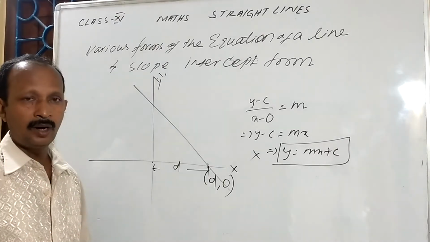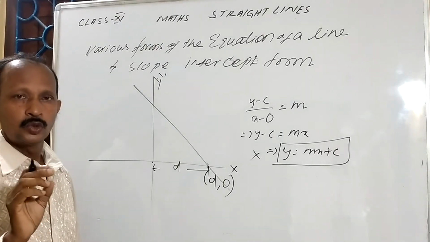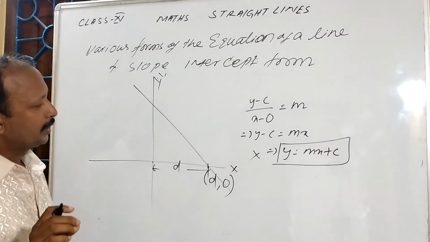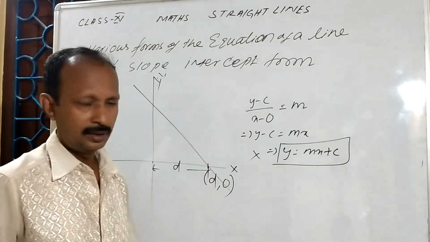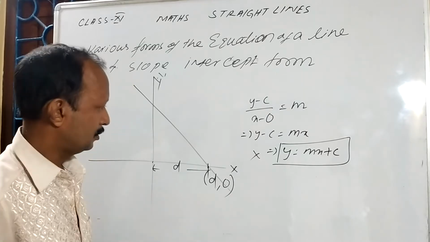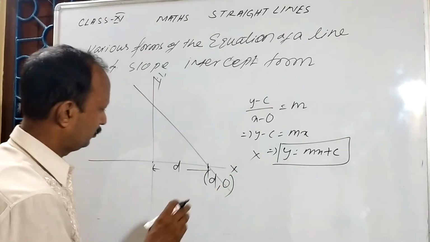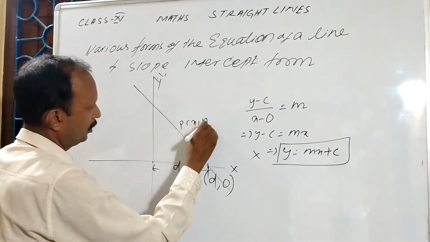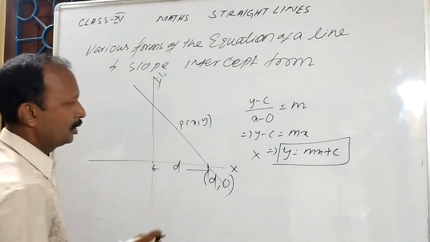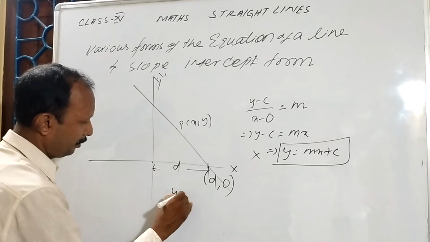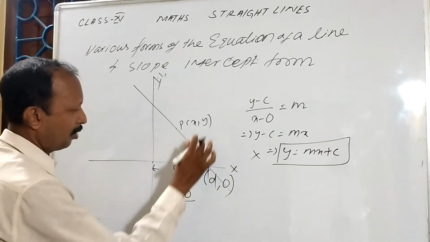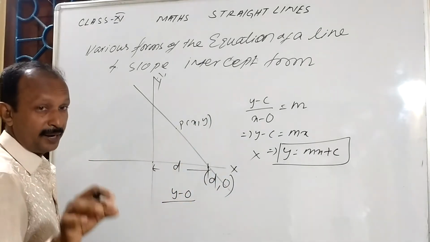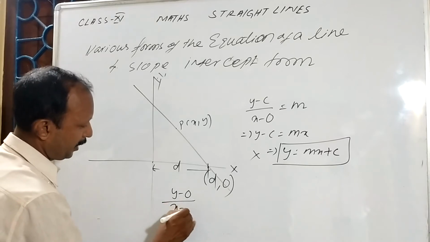Then what will be the slope intercept form? In this case, I can write that. Similarly, you take one point. Okay, so you can write that y minus 0 is equal to slope, (y2 minus y1) divided by (x2 minus x1), into (x minus d).